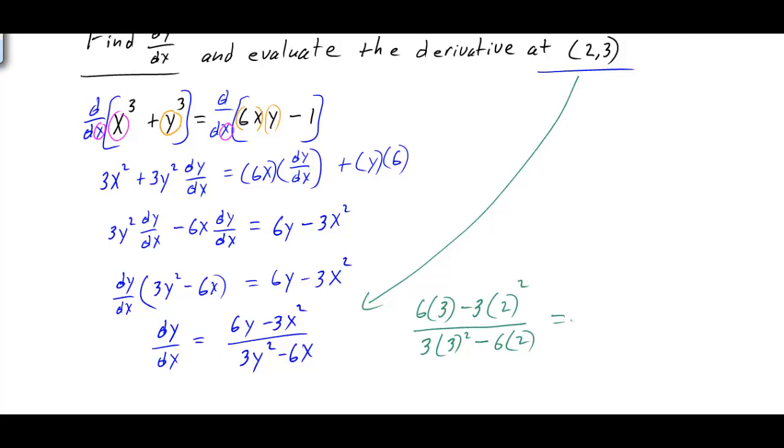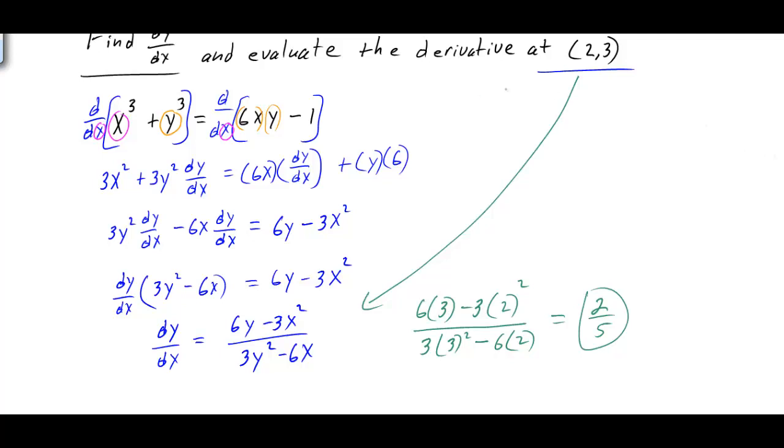If we simplify this, you would eventually end up with 2/5. So this here would be our slope at the point (2, 3). Your tangent line at the point (2, 3) would have a slope of 2/5. Or we could say the rate of change of y with respect to x, the dy/dx, at this point is 2/5.